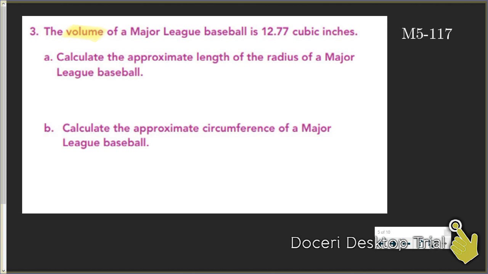We've always had to get the volume. That's been the end goal. So it says the volume of a Major League Baseball is 12 and 77 hundredths cubic inches. All right. So now we know, okay, if they're giving us volume, chances are we're working backwards at some point here. So question A says, calculate the approximate length of the radius of a Major League Baseball.